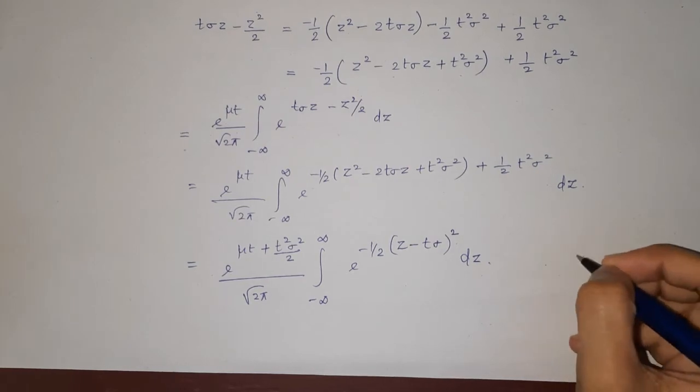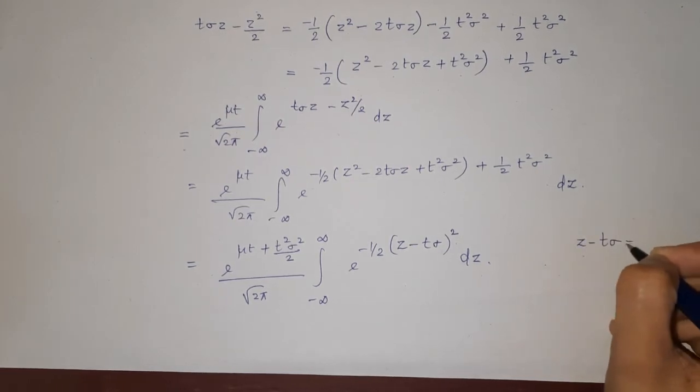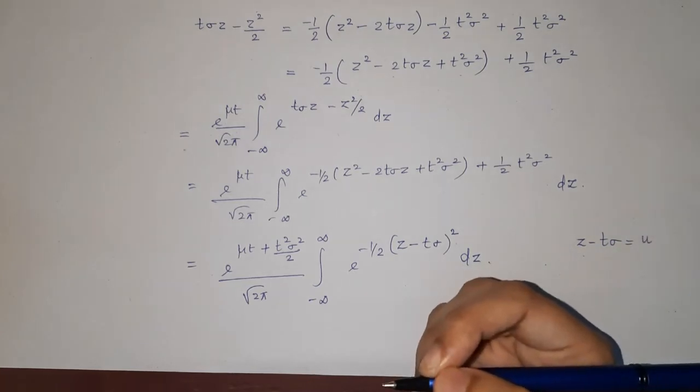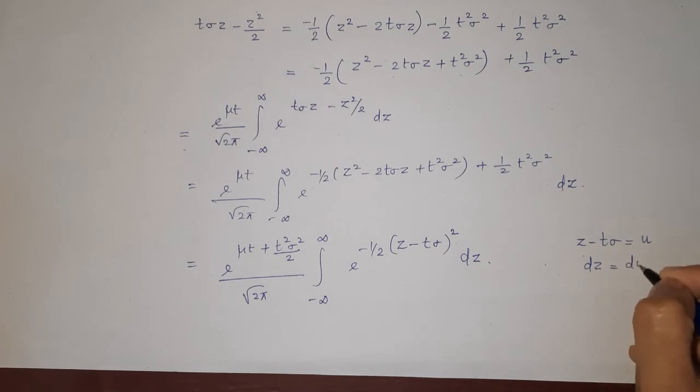Here, I am going to substitute z minus t sigma is equal to u. Therefore, dz is equal to du.